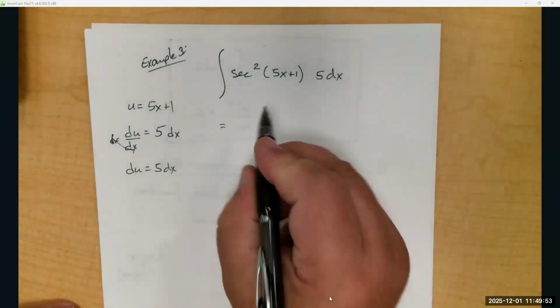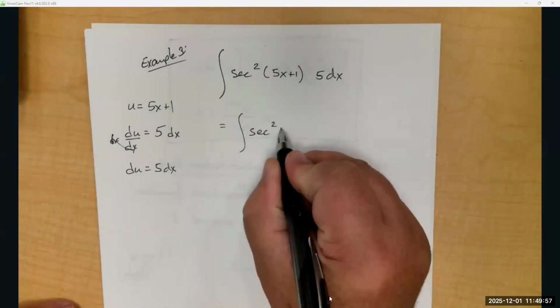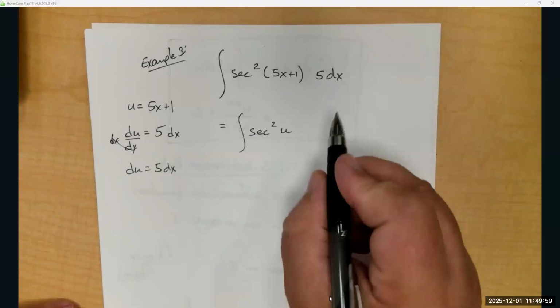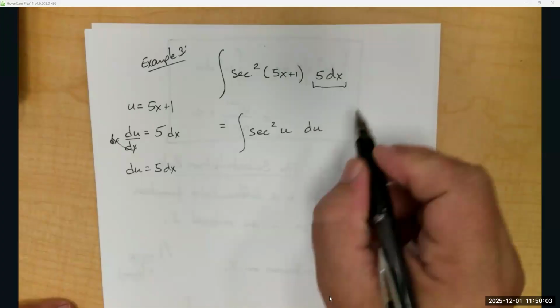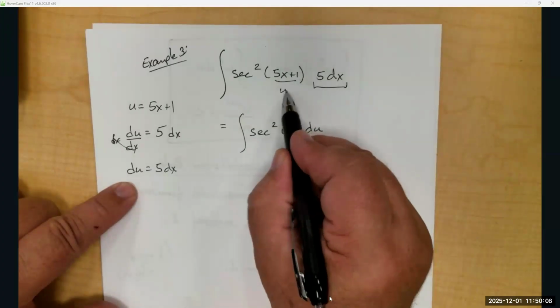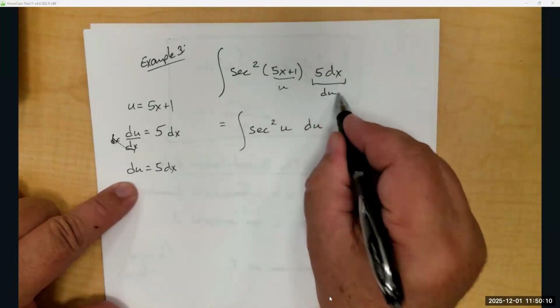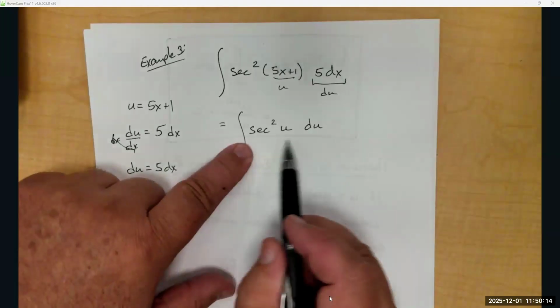The reason that's important is because now we can rewrite our function. Five dx is what du is. This is u. This one looks a lot easier to take the integral of.